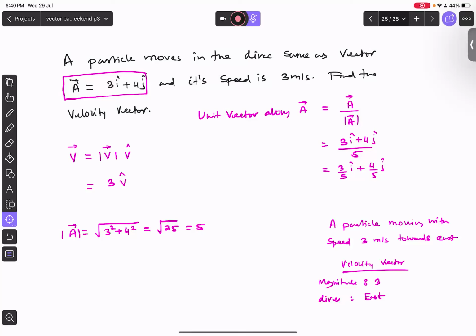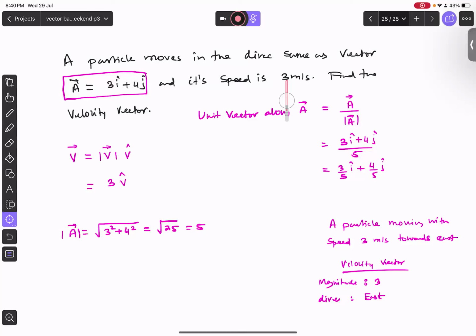The same is the unit vector in the direction of the velocity vector, because they are telling us that the velocity vector is in the same direction as vector A. So the unit vector in the direction of the velocity vector and the unit vector in the direction of vector A are the same.